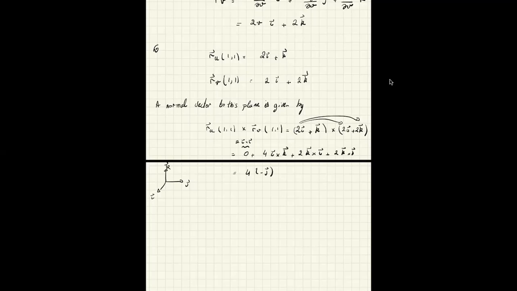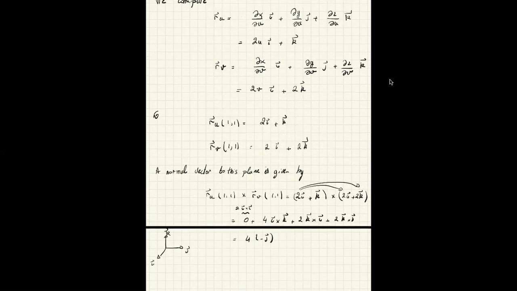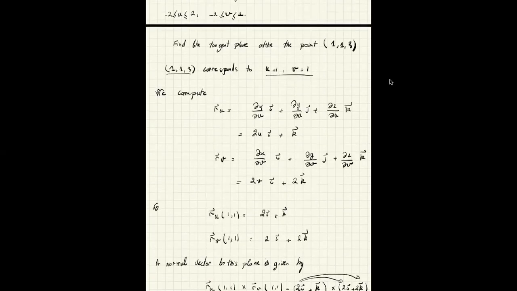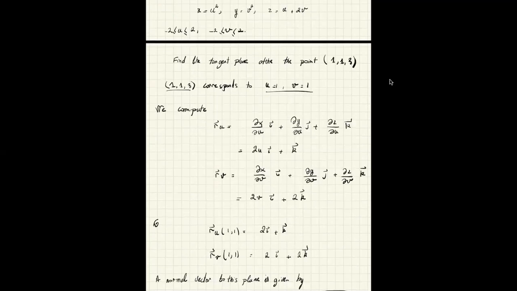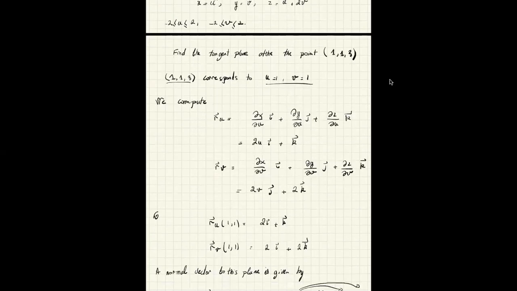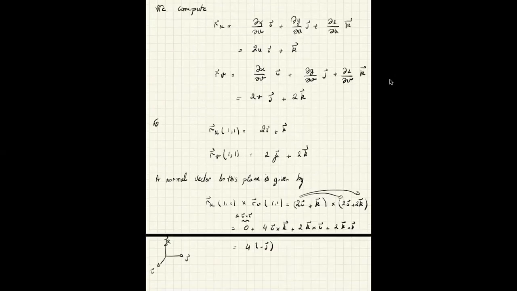I'm sorry. Oh, wait. It's 2J here, sorry. Okay, we'll have to do it again.